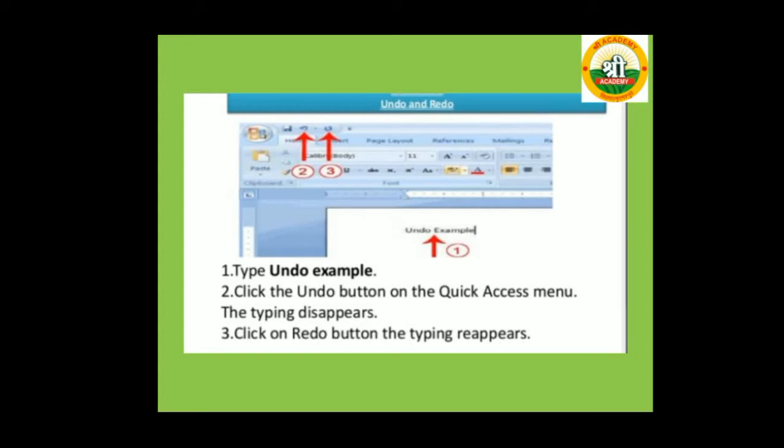The typing reappears. It means when you write something and feel it is wrong, you click the undo command and your old writing shows here, and if you feel the last one is right, then you click the redo command.